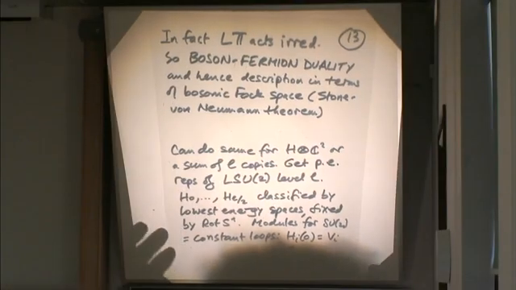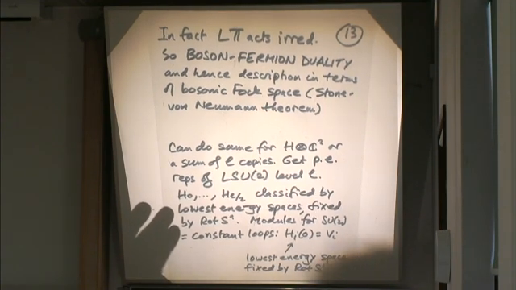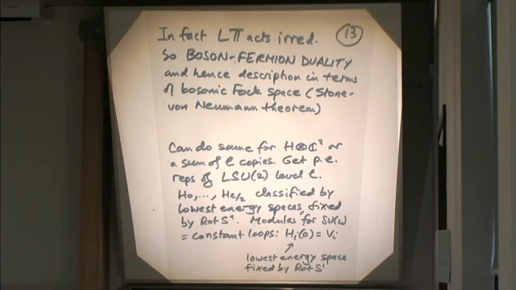So in fact, this loop group acts irreducibly, and in courses on conformal field theory, there are 3 or 4 different ways of thinking about this. It's called fermion-boson duality.